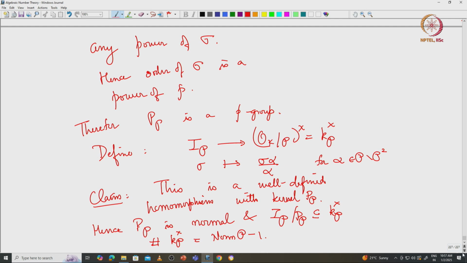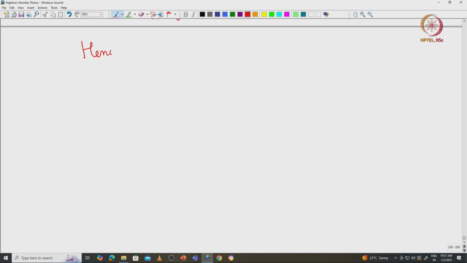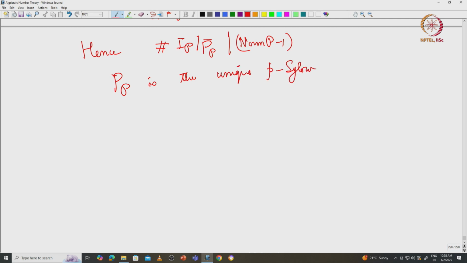So, hence the order of I p modulo P sub p divides norm of p minus 1, and P sub p is the unique p-Sylow subgroup of I sub p. This comes from the theory of p-Sylow subgroups: if a p-Sylow subgroup is normal, then it is the unique p-Sylow subgroup.